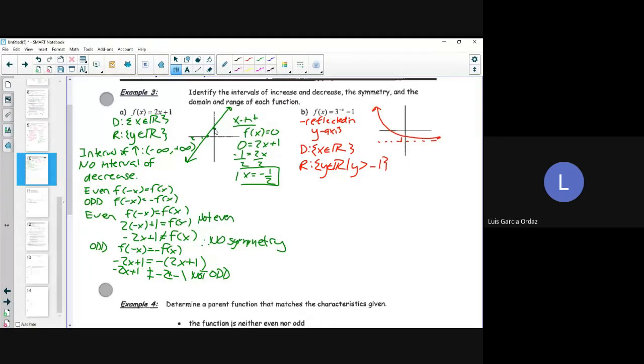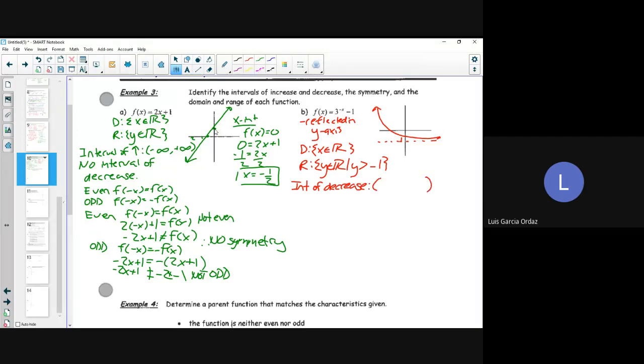Correct. So in this graph, do we have an interval of increase or an interval of decrease? Decrease. Then what is our interval of decrease?